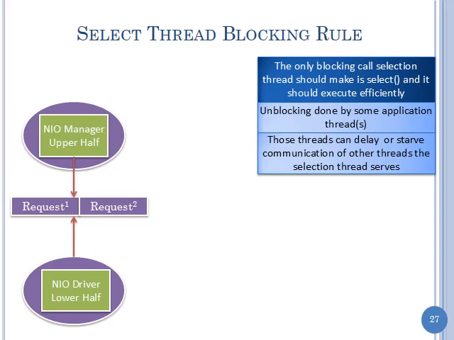So the only blocking call the selecting thread should make is select, and the other application threads can unblock it by doing wake up. But if there is any blocking to be done, the application thread should do it. Otherwise, you could be starving application threads if the selecting thread itself is blocking.